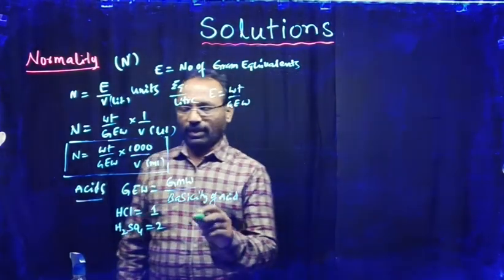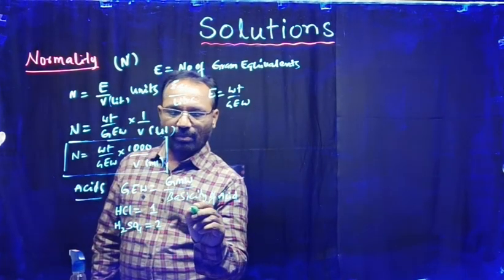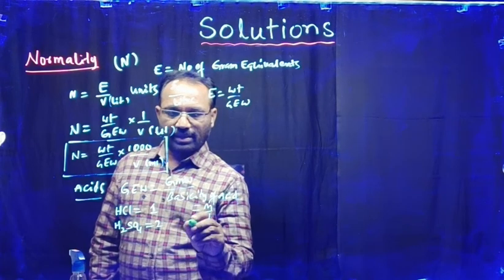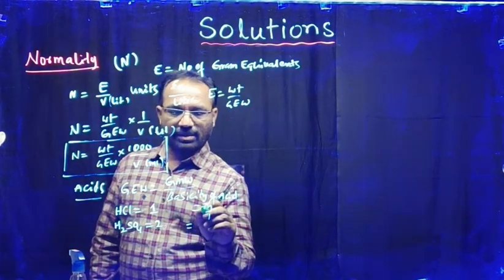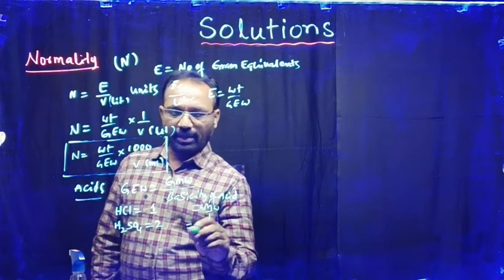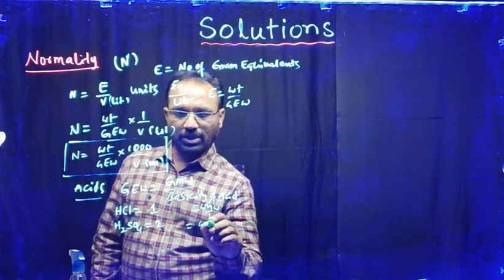So, in case of HCl, the gram equivalent weight, GEW, equals gram molecular weight, GMW, by 1. And in the second case, the gram equivalent weight equals GMW by 2.